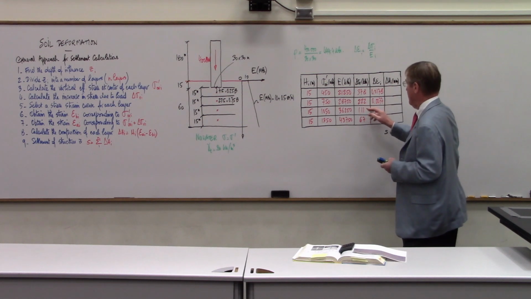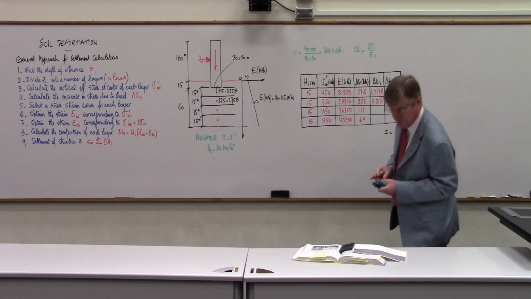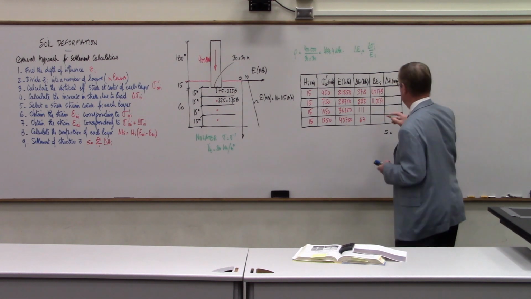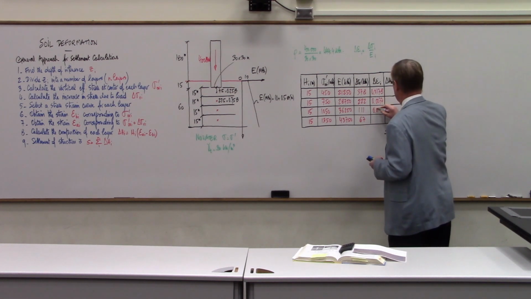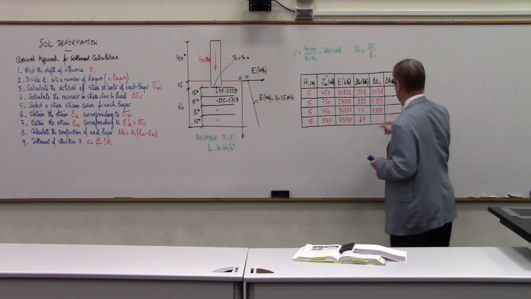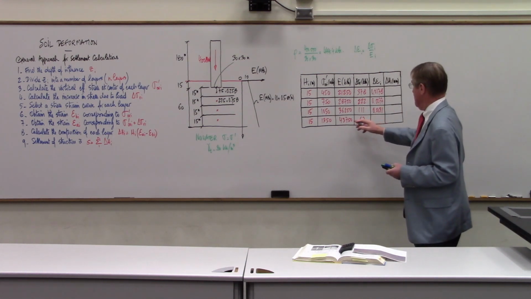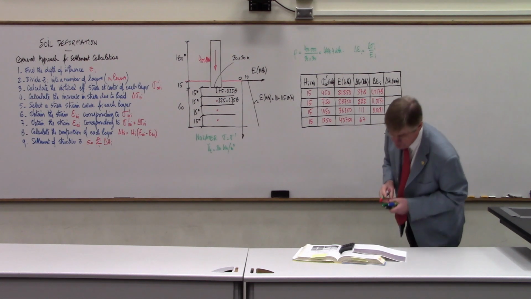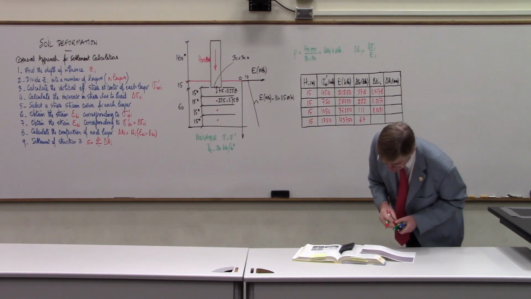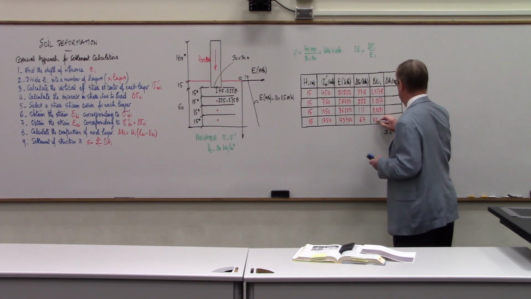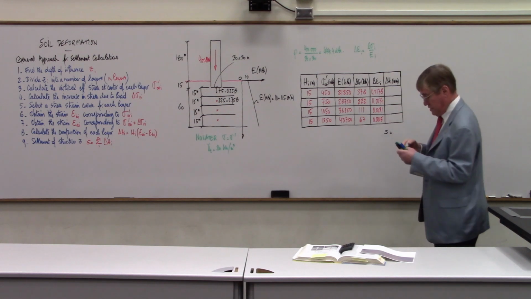And again, 111 divided by 36,250, and that gives me 0.0031. And then the last number is 67 divided by 43,750, and I get 0.0015. So these are the delta epsilon.